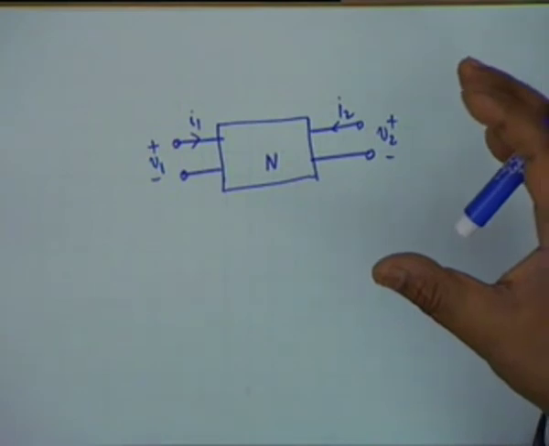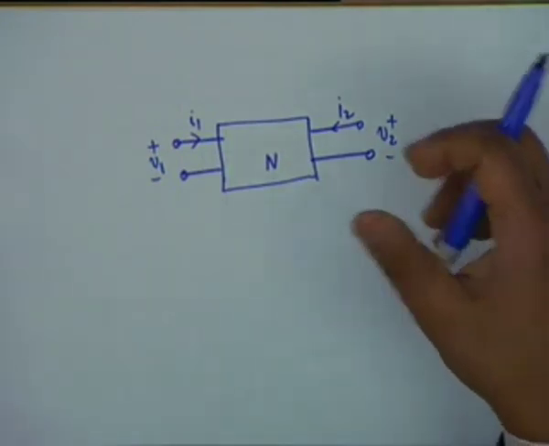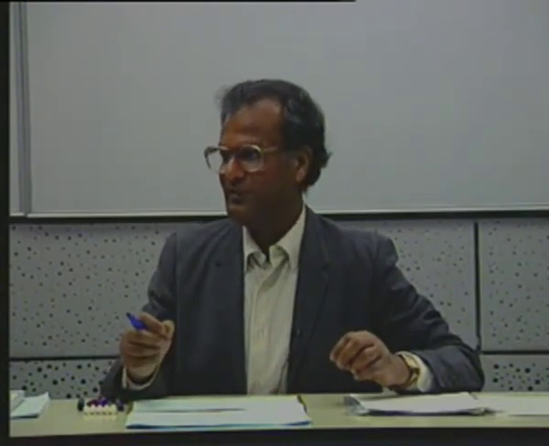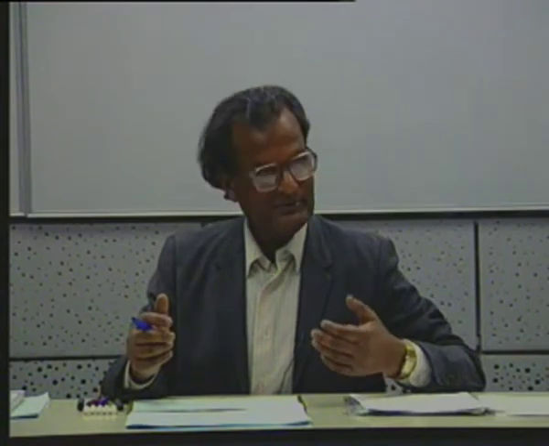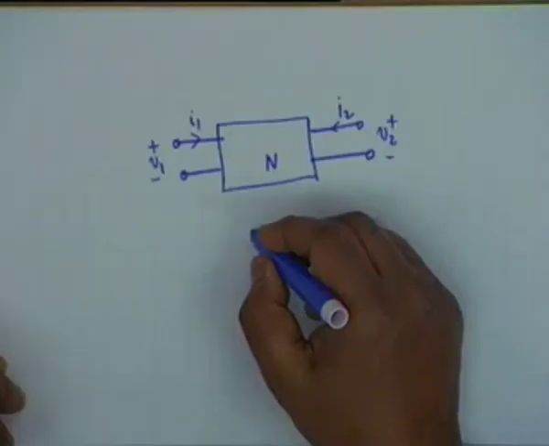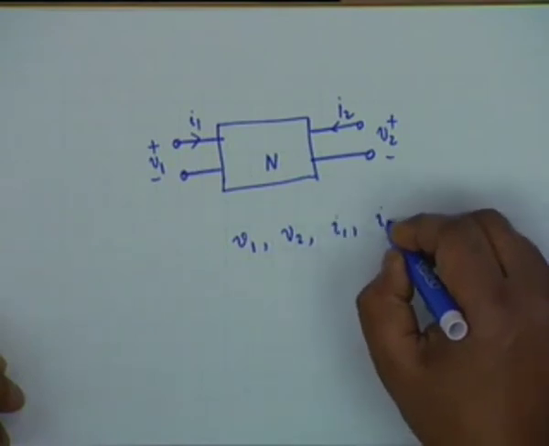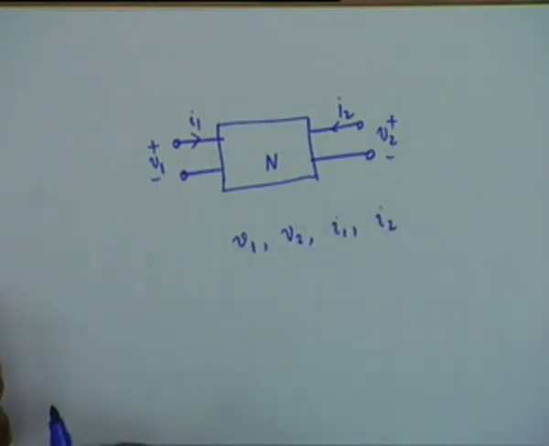So, all you can do is apply two voltage sources and measure the currents, or apply two current sources and measure the voltages, or apply a combination. One of them can be a voltage source, the other a current source, and you can measure one voltage and one current. The fact of the matter is that there are four quantities, V1, V2, I1 and I2, of which two can be specified independently.